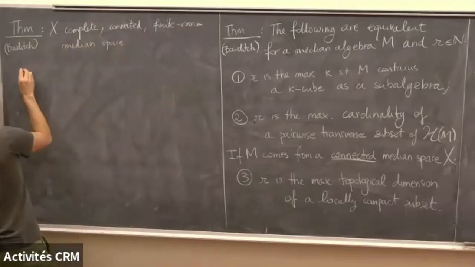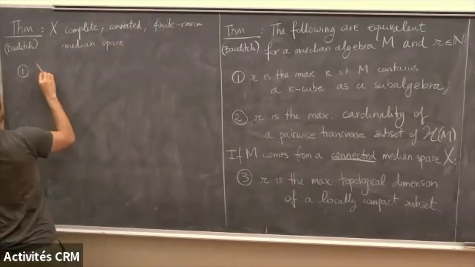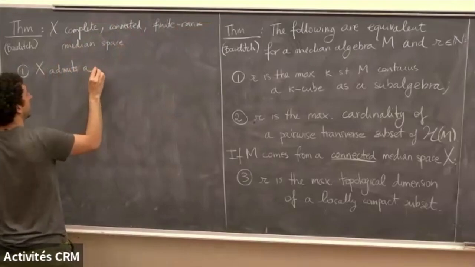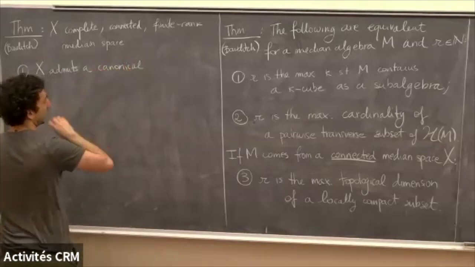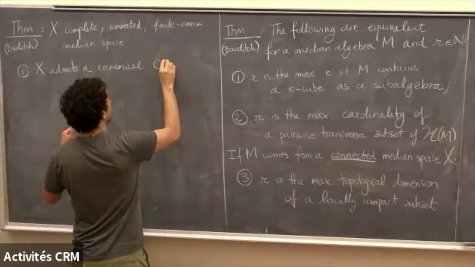So then there are two more metrics. X admits a canonical, and I'll say what I mean again in a moment, a canonical CAT(0) metric.